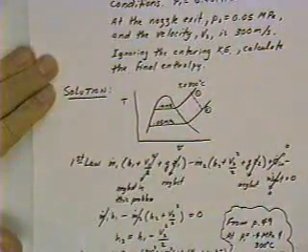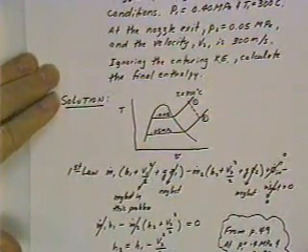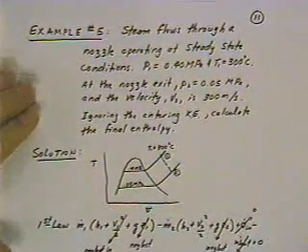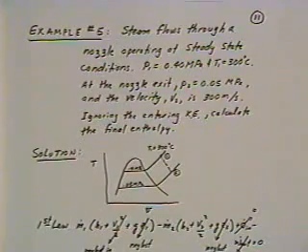So let's take an example now where we're solving for the conditions for a nozzle. This is example 5, on page 11. We've got steam flowing through a nozzle that's operating under steady state conditions.